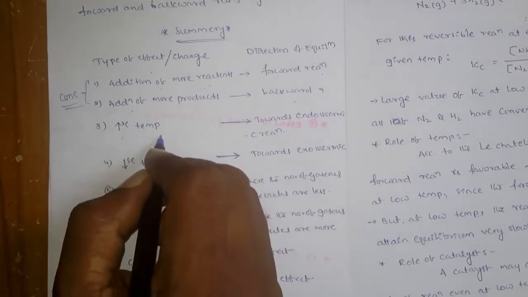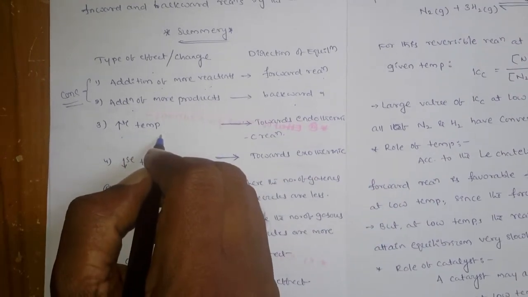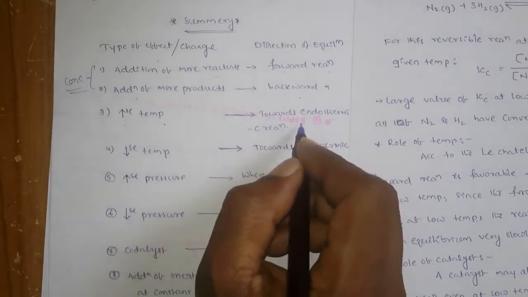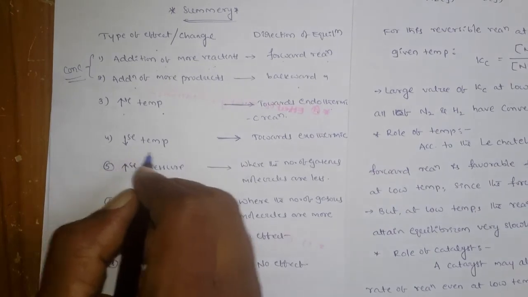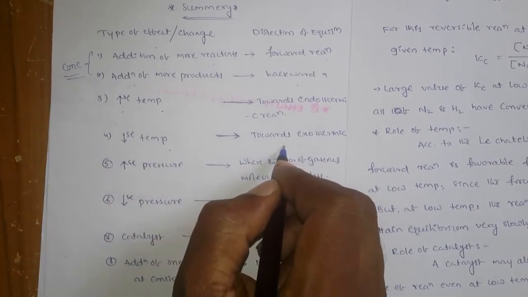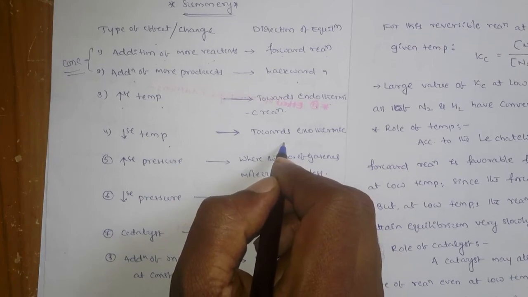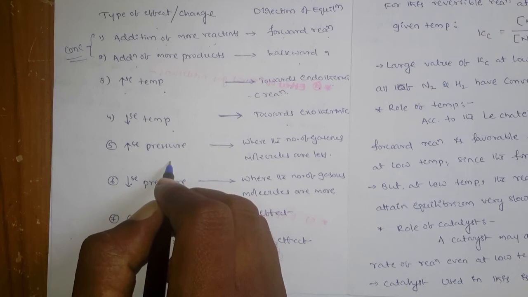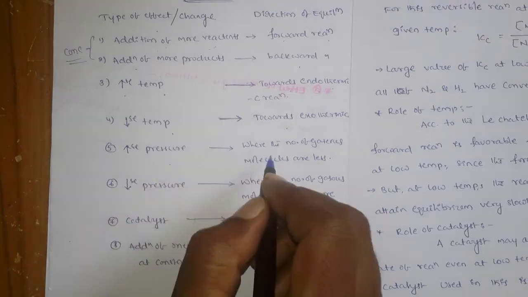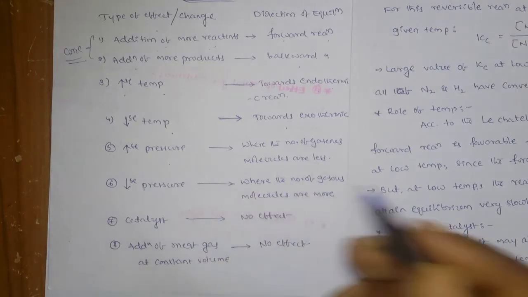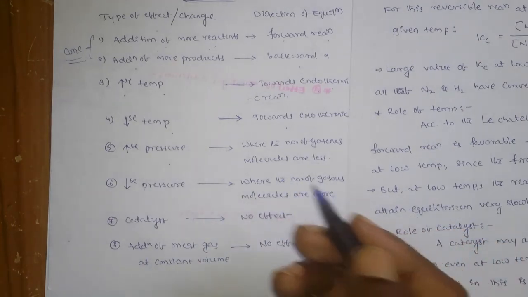And next, when you increase the temperature, it is favorable for the endothermic reaction. When you decrease the temperature, it is favorable for the exothermic reaction. Next, when you increase the pressure, the more number of gas moles convert into the less number of moles.